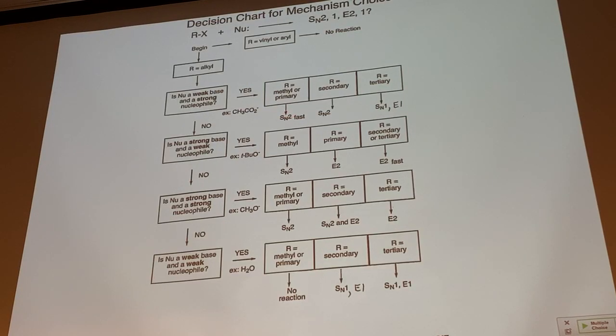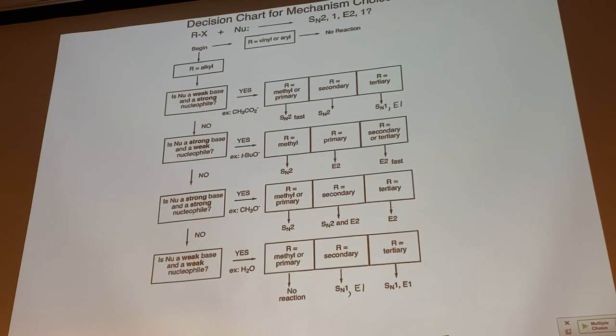And because substitution is faster with less substituted alkyl halides, the reactions with the methyl or primary halides will be fast. The ones with the secondary halides will not be as fast, but they'll still occur and give us the product.